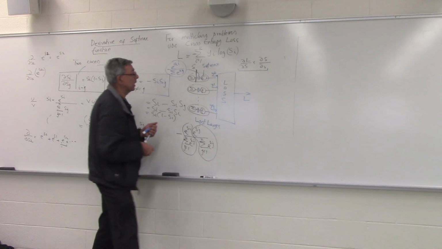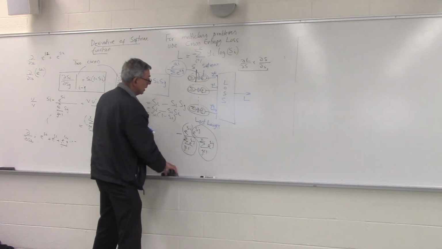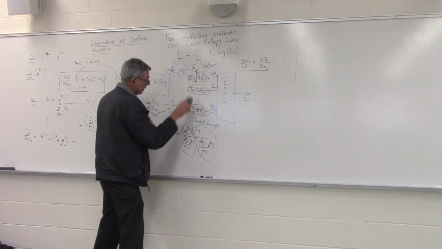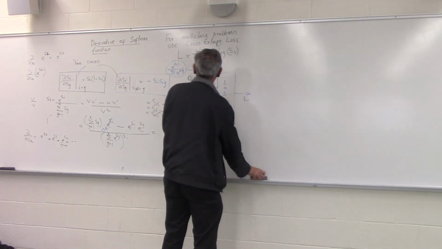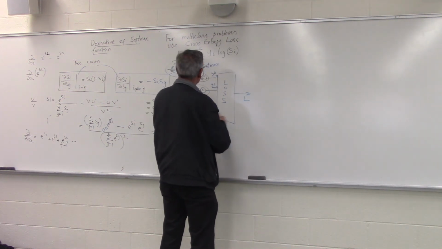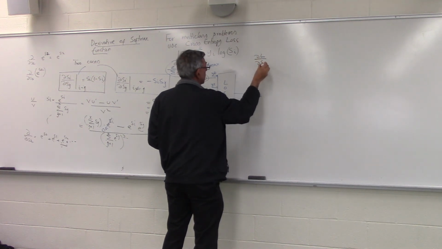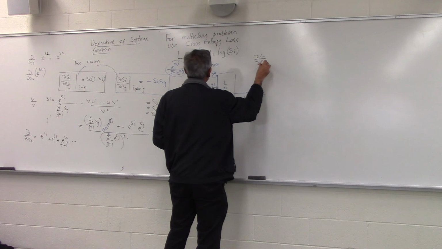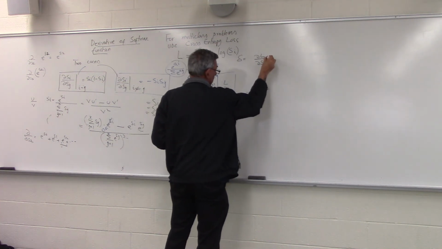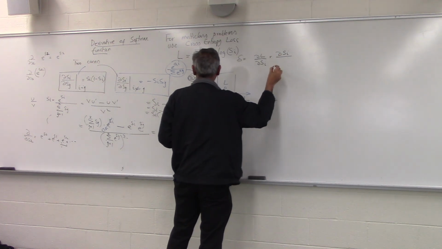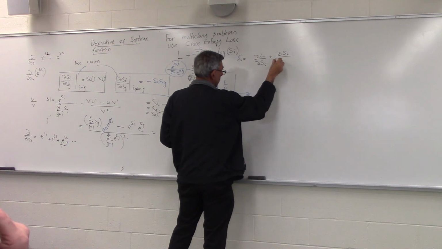So what I'm trying to say is, essentially what I need is partial L over partial S of I. Okay, so delta equals partial S of I over small s.